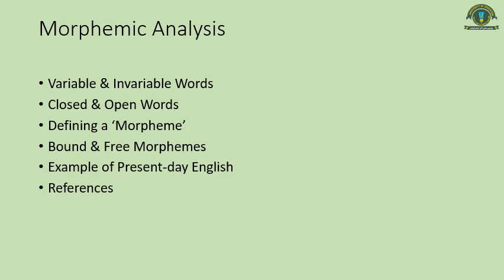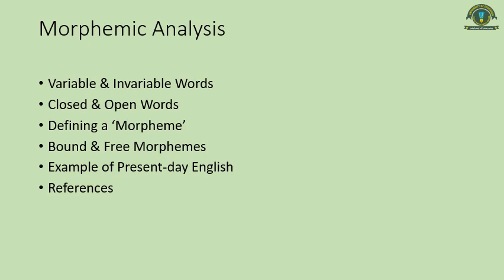As in linguistics overall, we follow some steps to analyze the structure and science of language. This is a fundamental unit to start the linguistic analysis, and there are steps to follow.